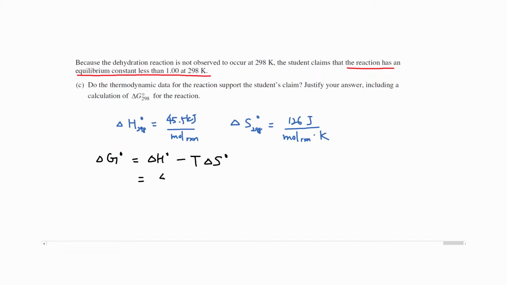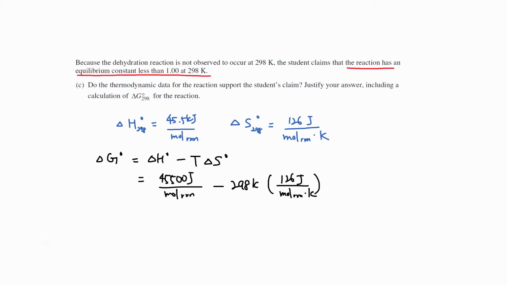Here, I'm just going to make everything joule: 45.5 kilojoule in joule, minus 298 Kelvin times delta S. You notice that the Kelvins cancel out, and we have joule per mole of reaction, so everything is good.